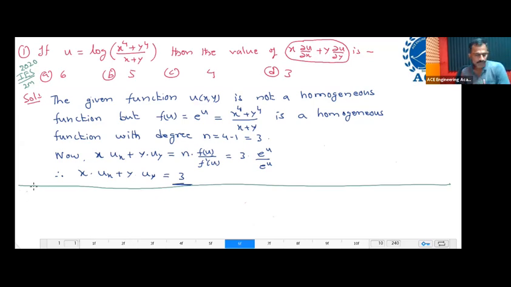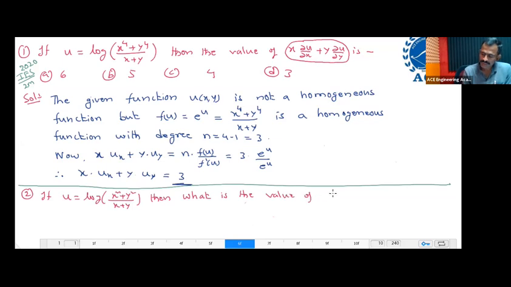Next, problem number 2. If u equal to log of x square plus y square divided by x plus y, then what is the value of x into dou u by dou x plus y into dou u by dou y?